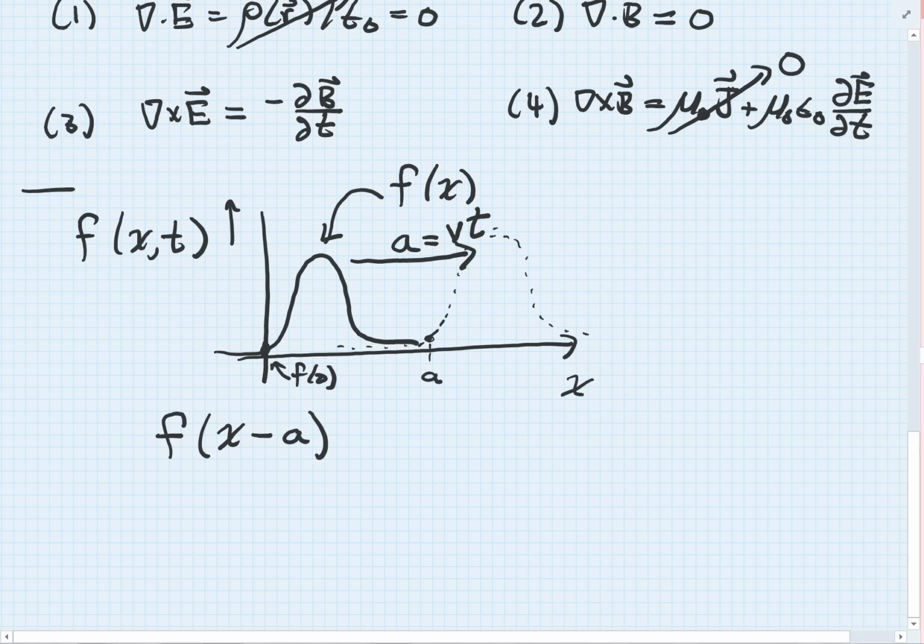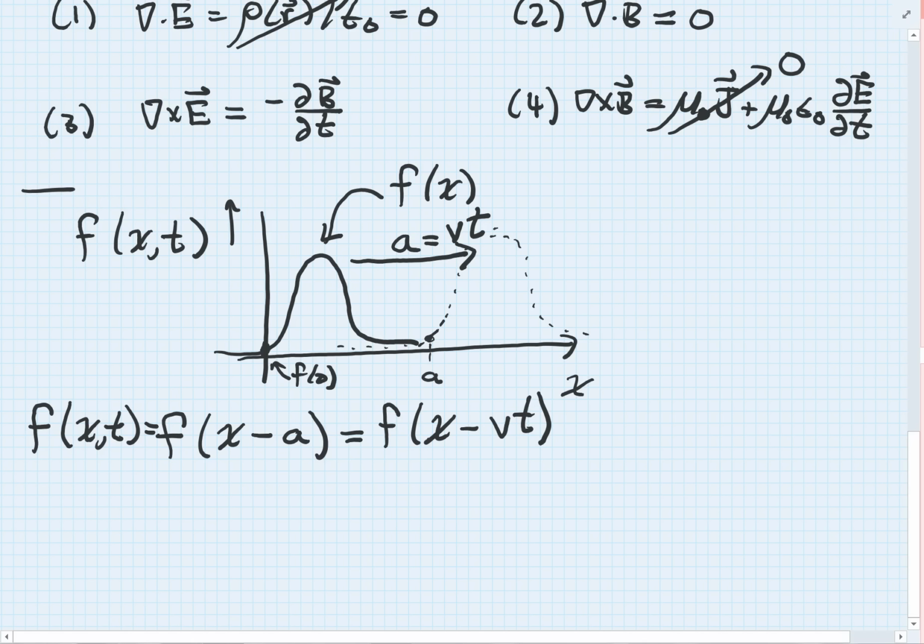So what I'm going to suggest that we consider then is that f, the function that describes the electromagnetic field at any location in time t, is going to be this shifted over version of this shape function f, and that shifted over version depends upon time in a very specific way, namely the amount of my shift a is equal to just v, some velocity v, times the time t.